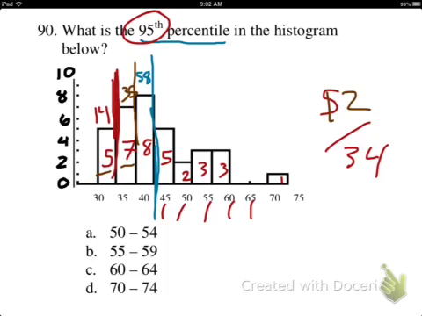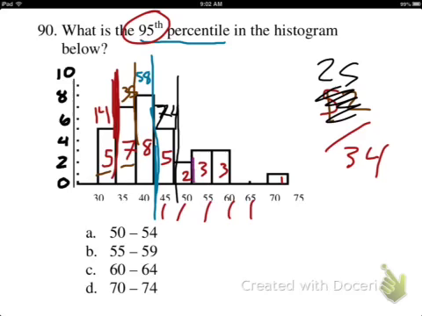Okay, let's keep going. The next one is 5 more people in there, so we have 25 divided by 34. That gave us 73.5, so round it up, 74%.